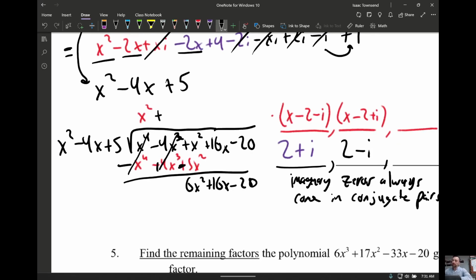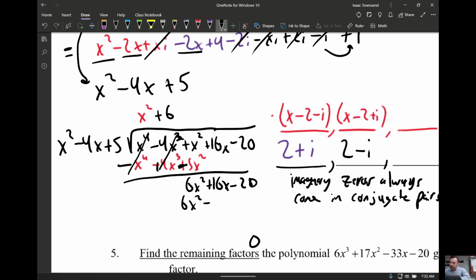And looks like next would be +6. Oh, I messed this up right here. Like I said, I know that the remainder is supposed to be 0 because these are supposed to be factors, and that's what factors do. They divide into it evenly. Right here, 5 times x squared would be 5x squared.